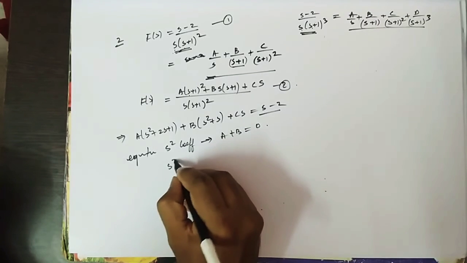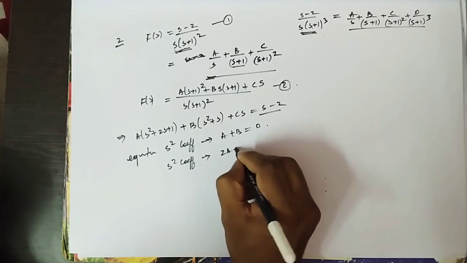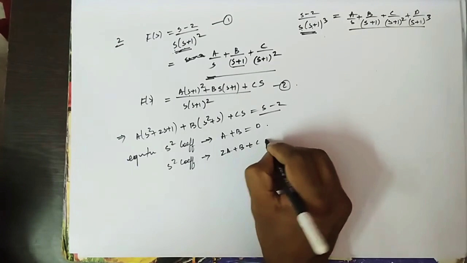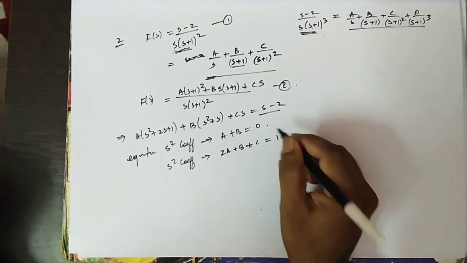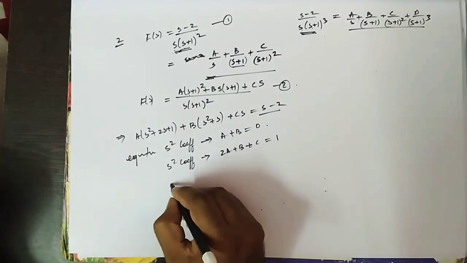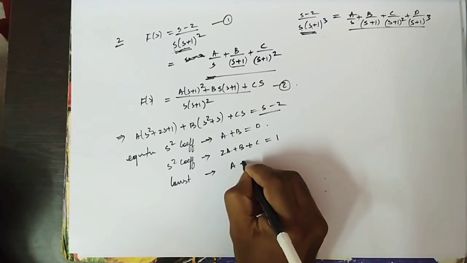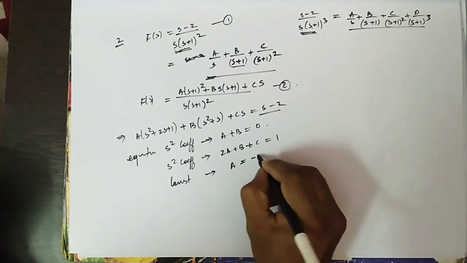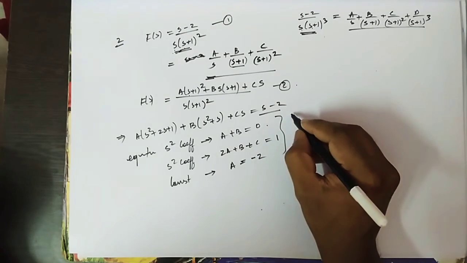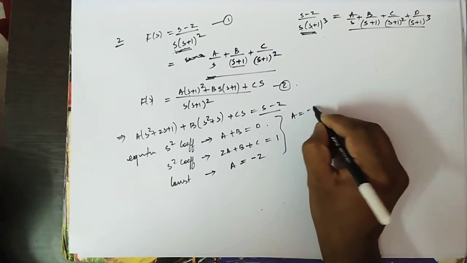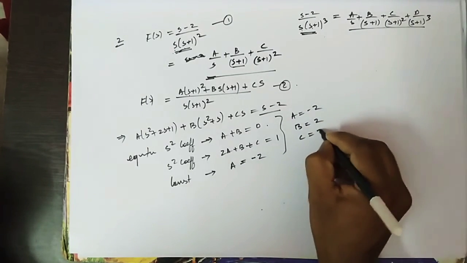Again equating s coefficients, we get 2a plus b plus c equal to 1. Again equating constants, a equal to minus 2. So solving these 3 equations to get a, b, c: a equal to minus 2, b equal to 2 and c equal to 3.